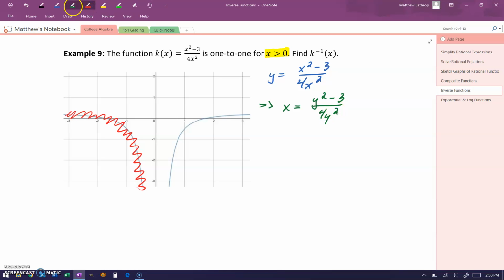And then multiply both sides by 4y squared to give us 4xy squared is equal to y squared minus 3.